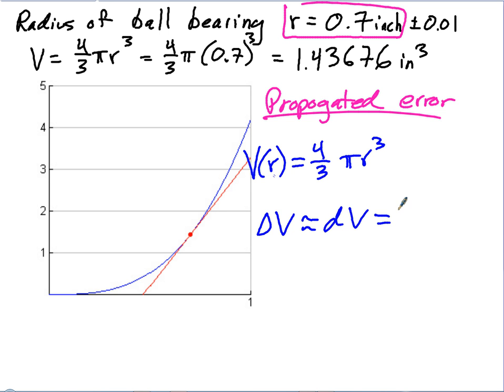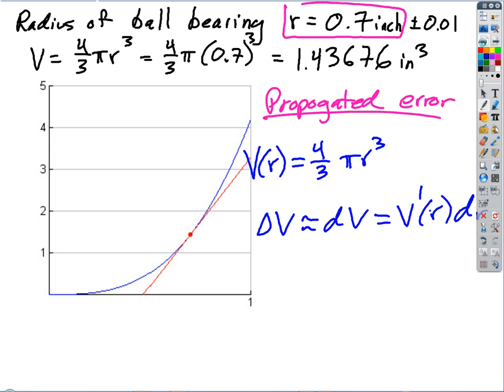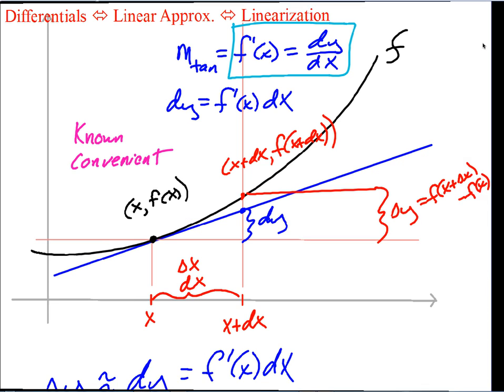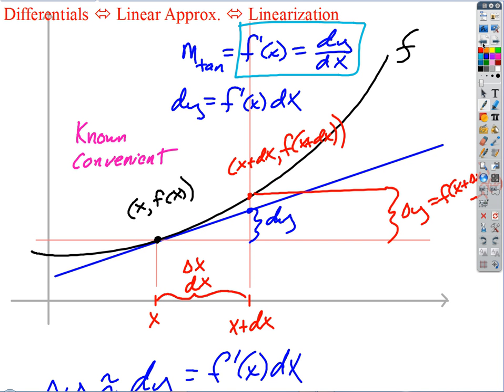So dV is going to be something like V prime of R times dr. Compare that to what we just looked at on the previous page. The differential dy is equal to the derivative of the function times the incremental change in the independent variable, dx.